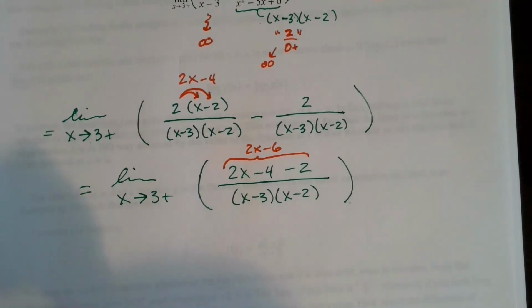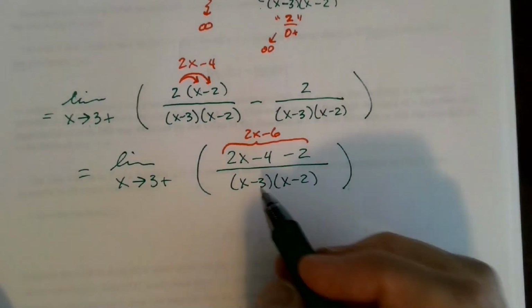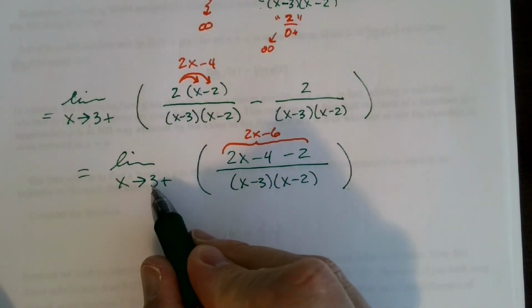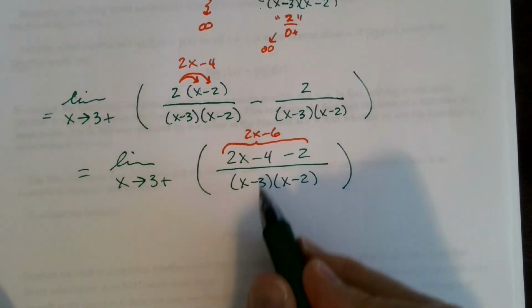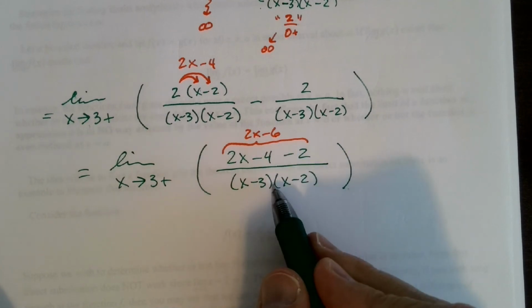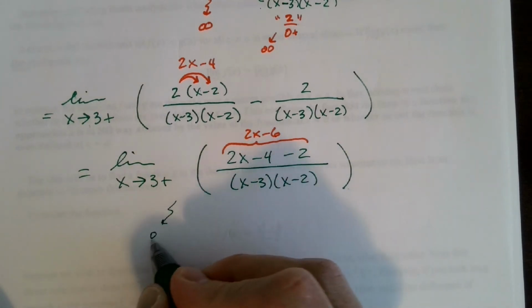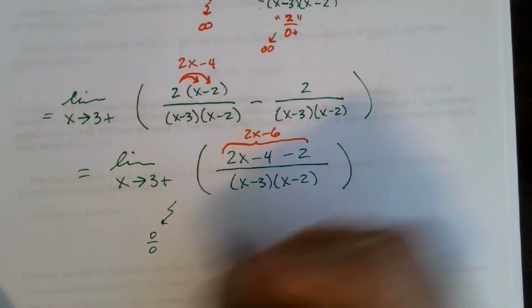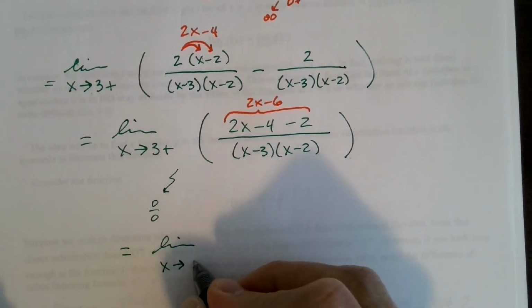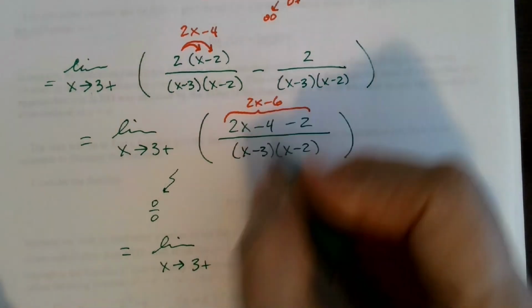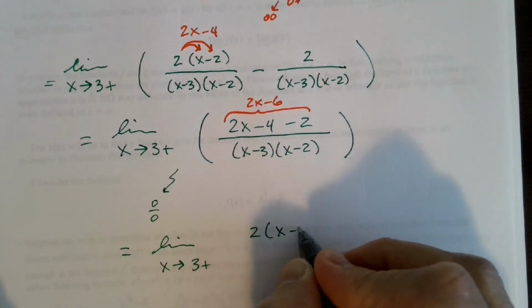And now, again, if I plug in x equal 3 right now, notice what you have. 2 times 3 is 6. Minus 6 is 0. And obviously I get 0 down here. I'm back to my 0 over 0 form. But notice I can go ahead and factor that 2 out of the 2x minus 6 up top, leaving me x minus 3.